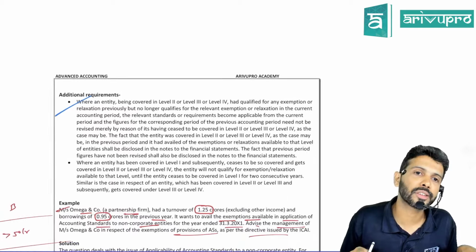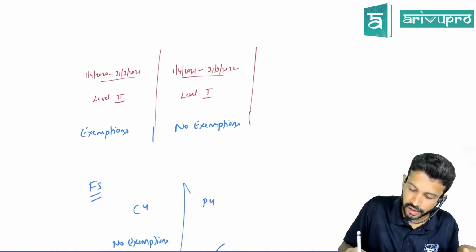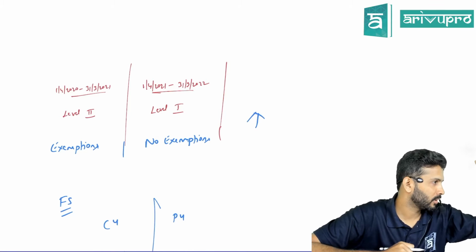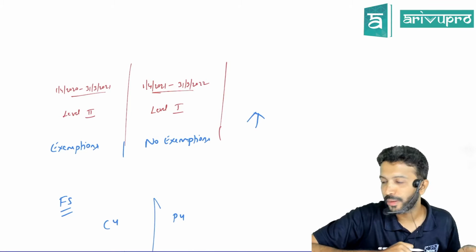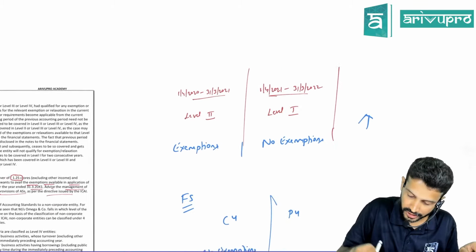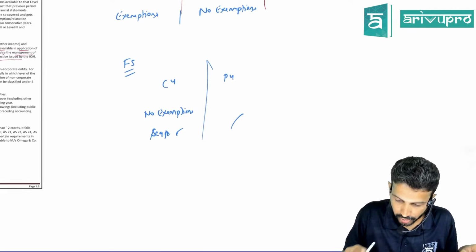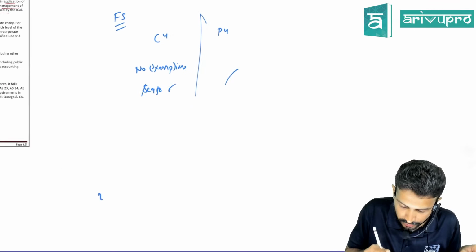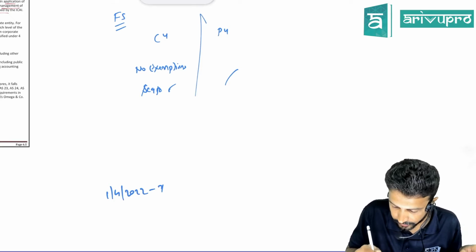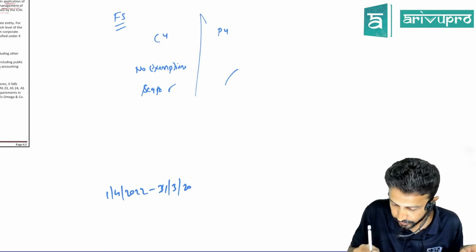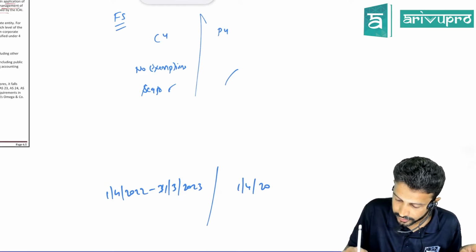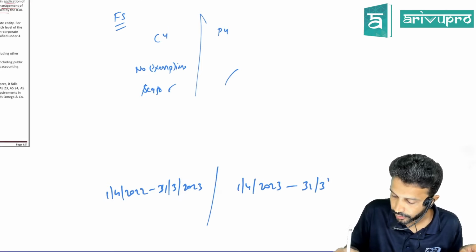Can I go for the next one, sir? So this is an upgradation. Moving up in life. It could also be a moving down scenario. If it is a moving down scenario, then what is it? So let's take another example. Let's say we are in 1st April 2020, and next year is 1st April 2023 to 31st March 2024.